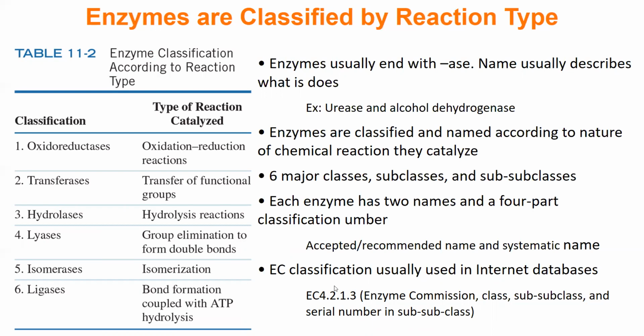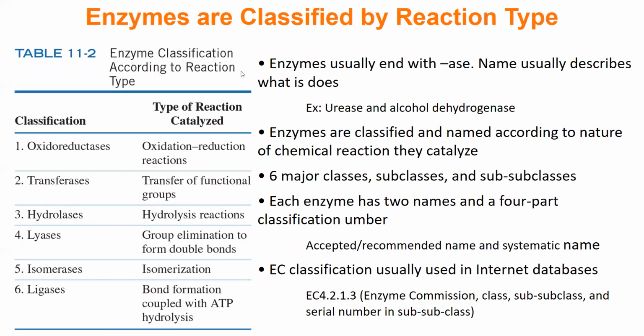So these classifications are really useful. So this tells us this is a lyase of class 2, subclass 1, class 3. Don't need to worry about that too much. I'm never going to ask you to know these numbers, but just be aware if you ever look up an enzyme on the internet or you're working with an enzyme, the numbers are just a classification scheme.